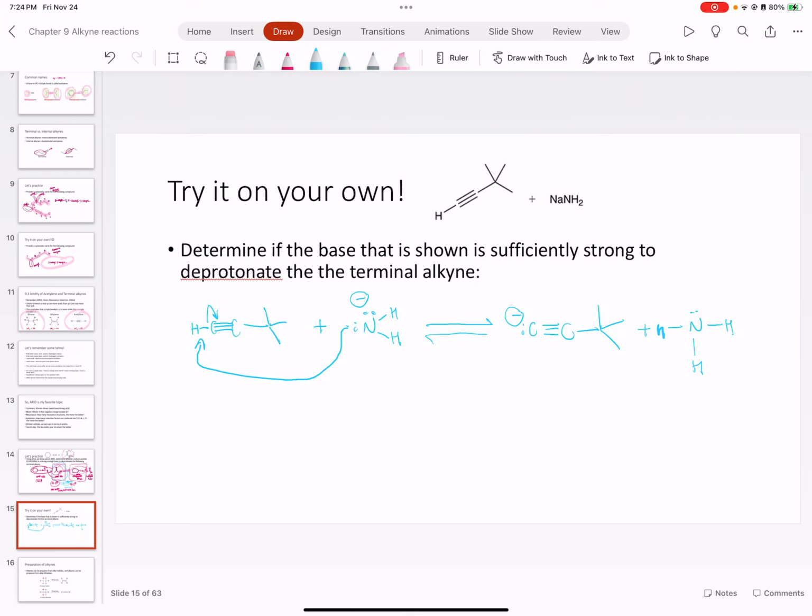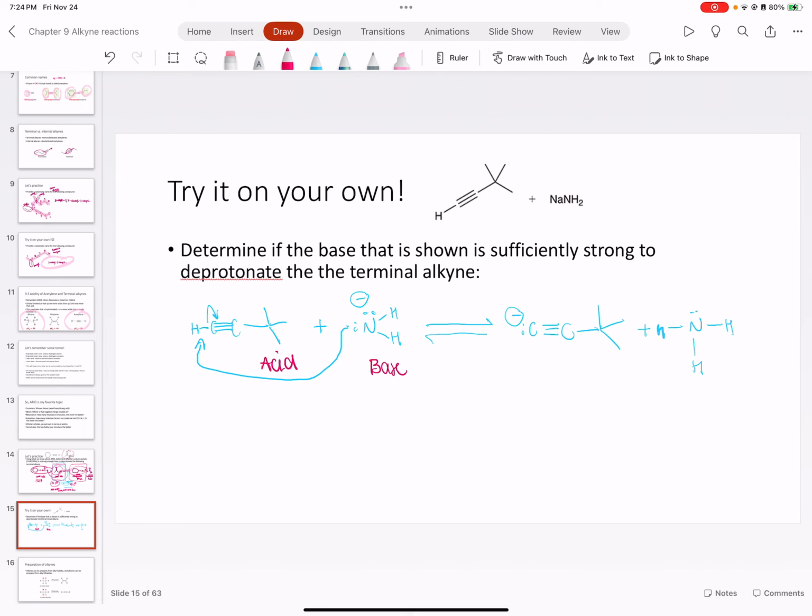Okay, perfect. I have to determine which is my base and which is my acid. Remember, my base is gonna take a hydrogen, so this is my base, this is my acid.